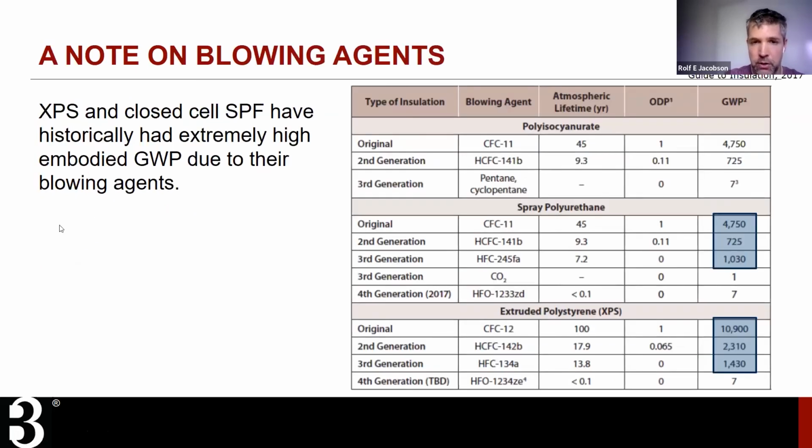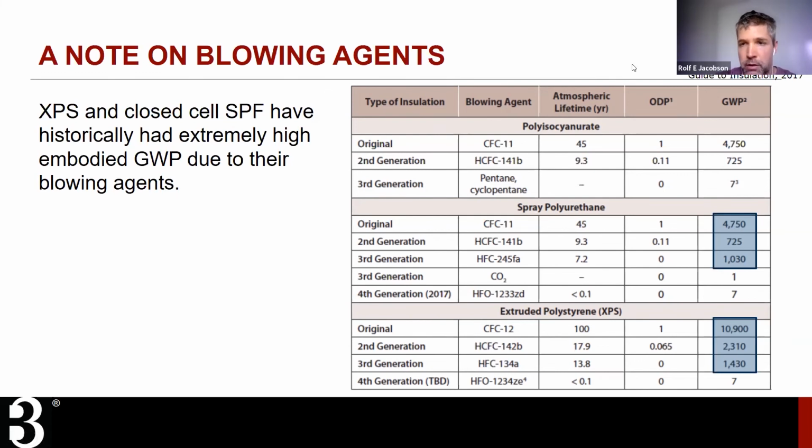Okay, so just a note on the blowing agents. You see in this chart polyiso, spray polyurethane, and extruded polystyrene. For polyiso, right now the third generation blowing agent is pentane.